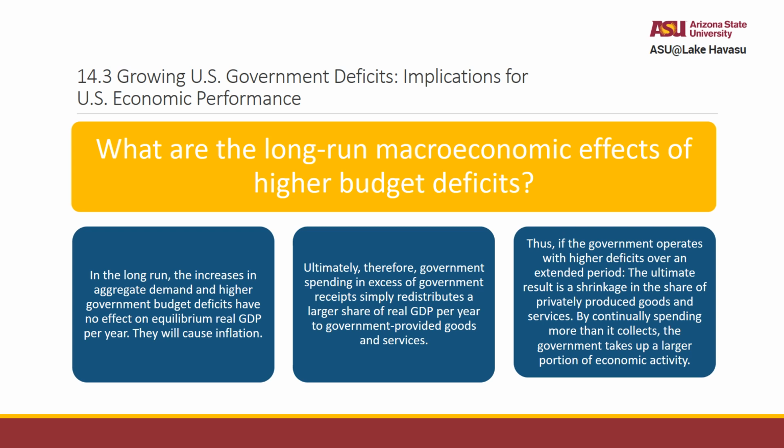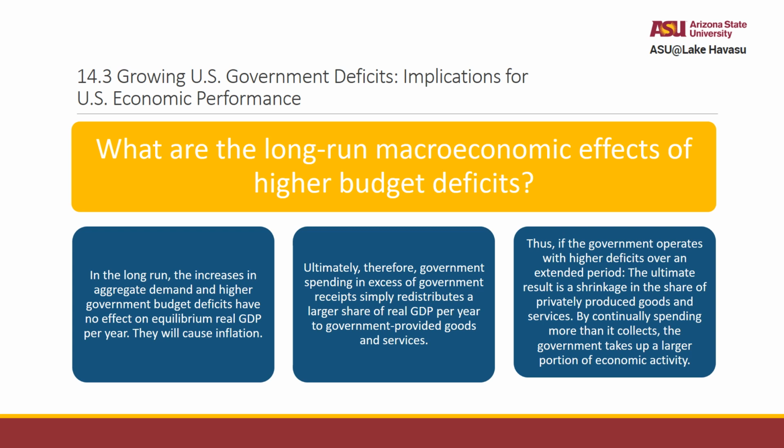And they have no effect on the equilibrium real GDP, which remains at the full employment level in the long run. The fact that the long run equilibrium real GDP is unaffected in the face of increased government deficits has an important implication. And what is that?